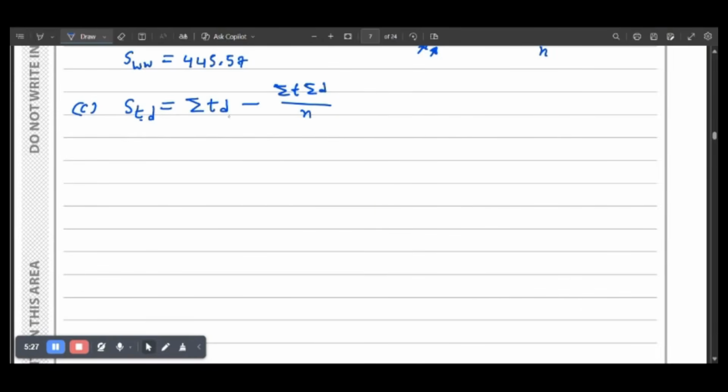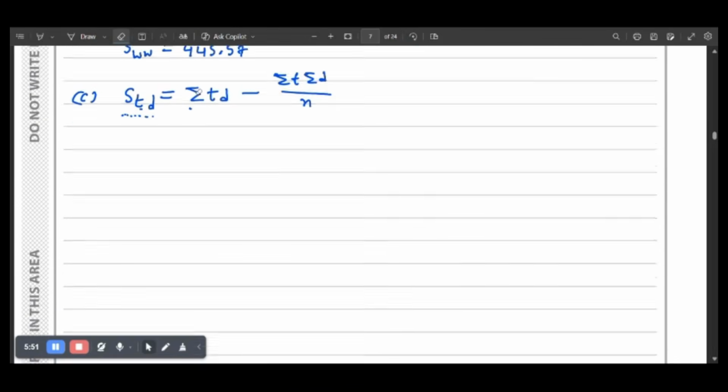If we use this, we cannot directly find the value of the summary statistics of t and d, because we don't directly know the values of sum of t or sum of d, because they're coded in. We need to find them and then substitute them. Or there is a better way.